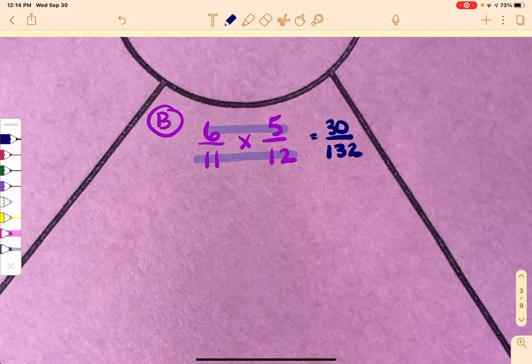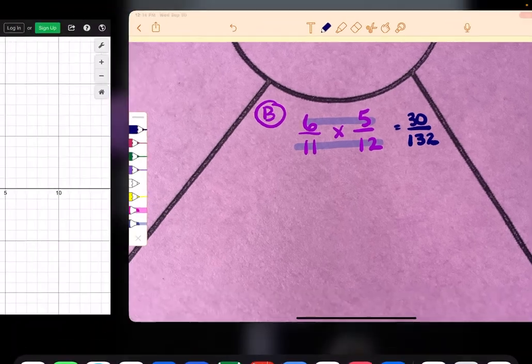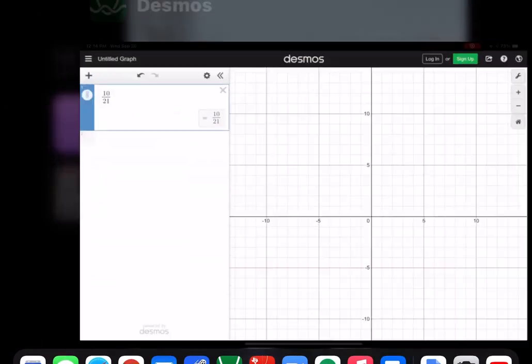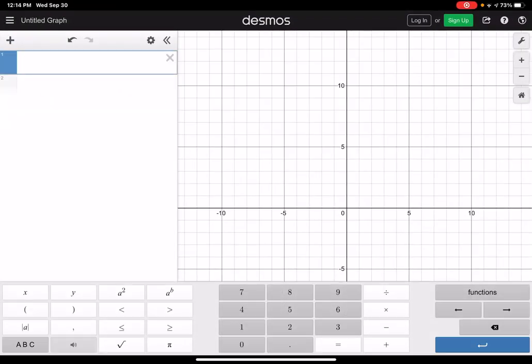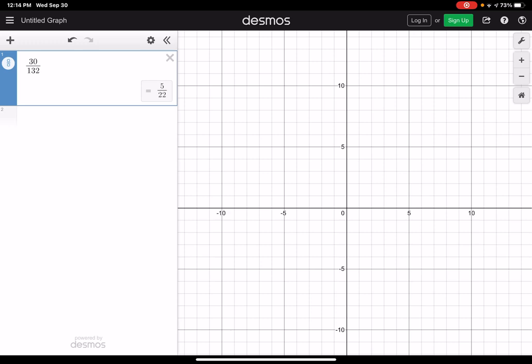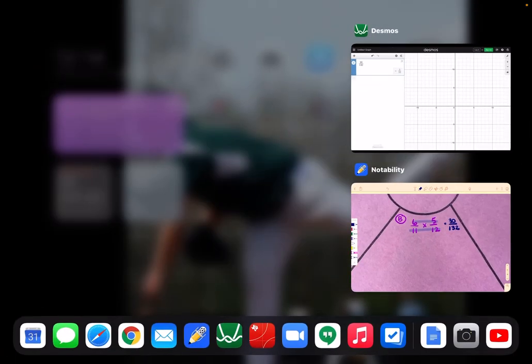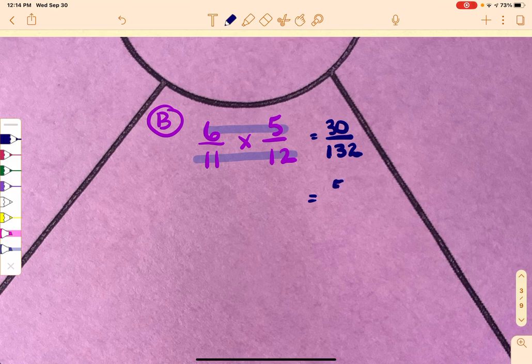Now I'm going to put that in Desmos to see if it reduces. So 30 over 132, and that reduces to 5 over 22. That's going to be your final answer.